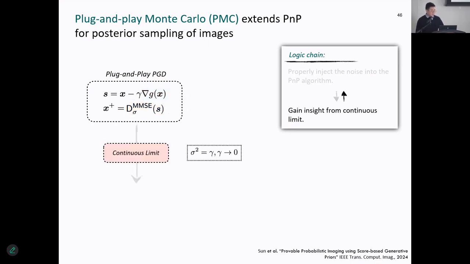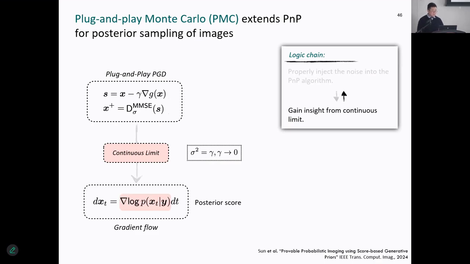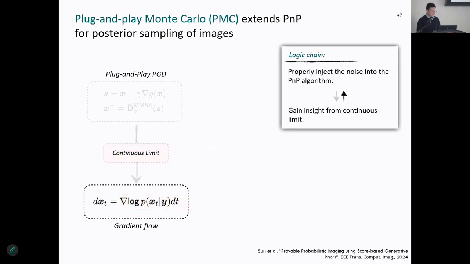Next, we take the continuous limit and show that this PnP PGD algorithm indeed converges to a gradient flow of the posterior. Here the gradient of log p(x given y) is the score of the posterior distribution. This means that we actually bring back the Bayesian interpretation for the PnP algorithm in this continuous form.